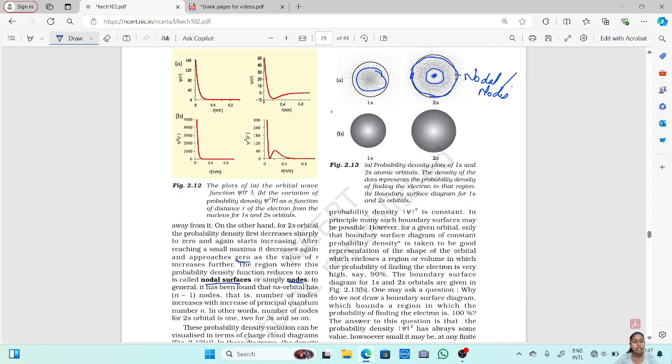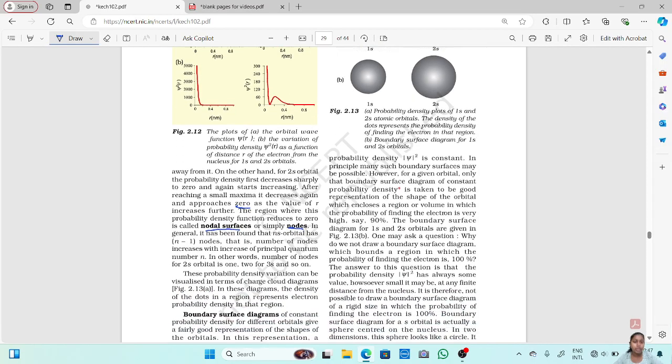In general, it has been found that ns orbitals, that is 1s, 2s, 3s, 4s, have n minus 1 nodes. That is, the number of nodes increases with the increase in the principal quantum number n.